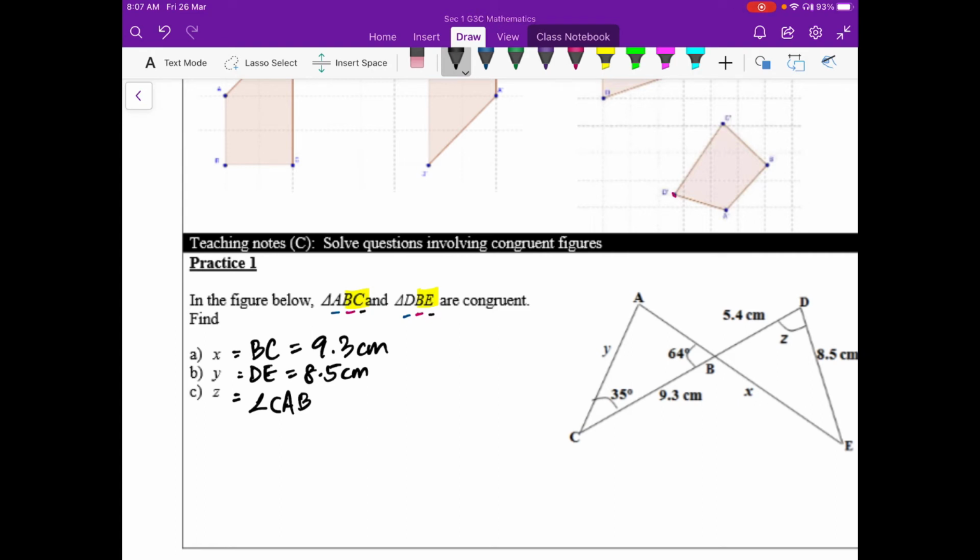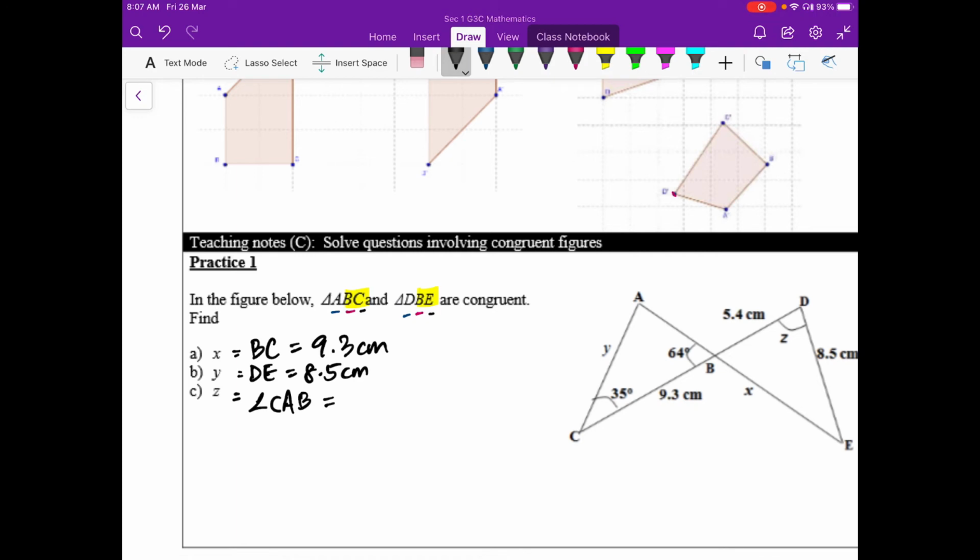She saw it as EDB, right? No problem. EDB corresponding to CAB, correct. And we want to find this angle now, but we don't know the value.